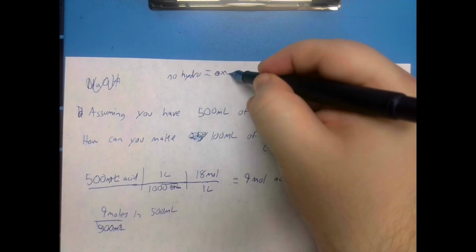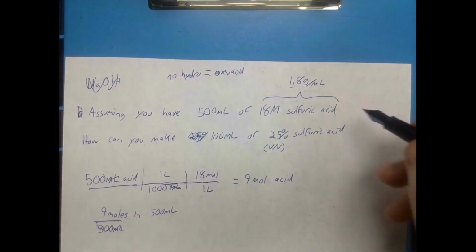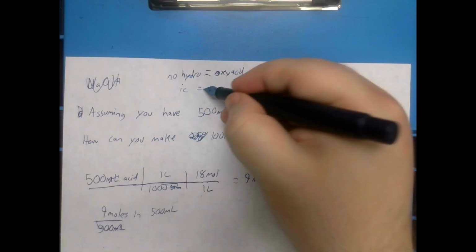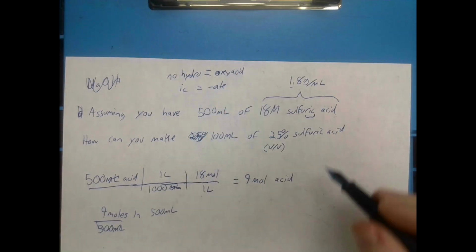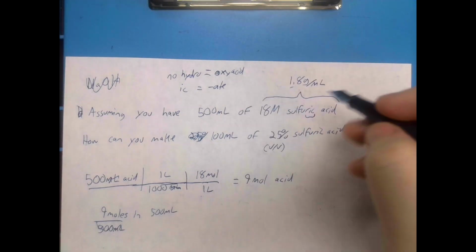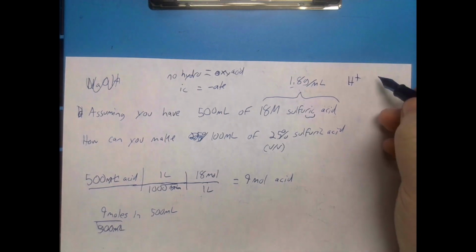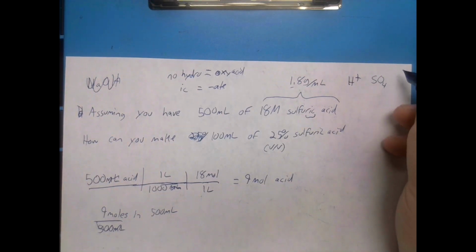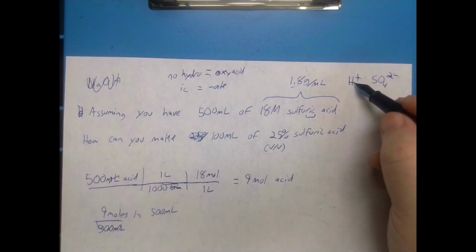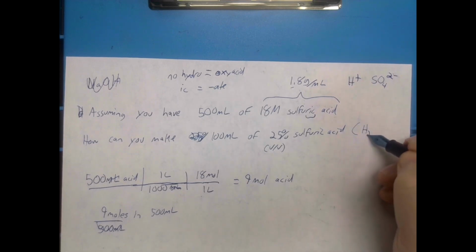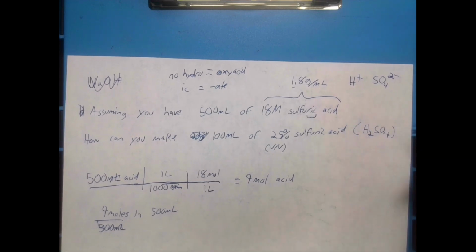So what does that tell you? It's the -ic version of it. So sulfate, with hydrogen. Hydrogen is H plus. Sulfate, SO4, is 2 negative. That means we need 2 hydrogen. So its formula would be H2SO4.